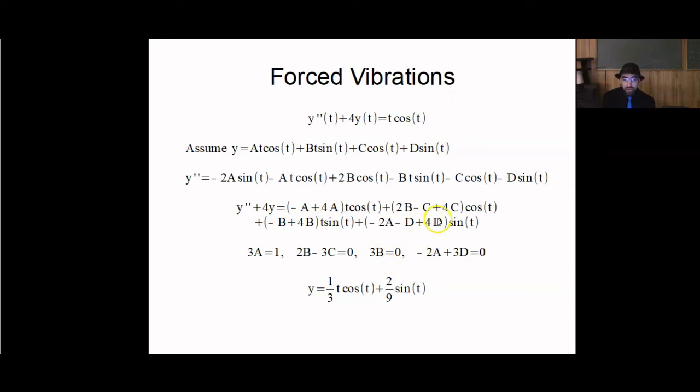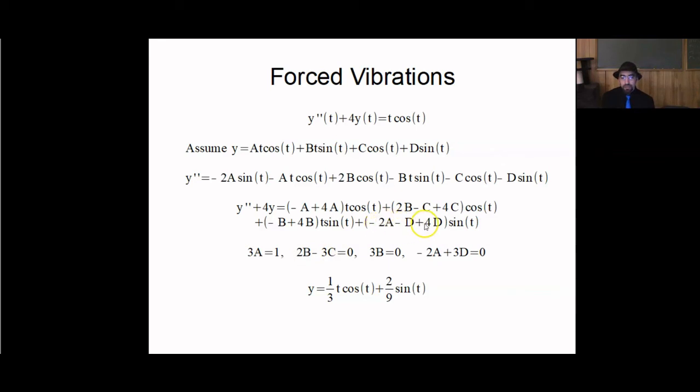I looked at the isolated cosine term, 2b plus 3c times cosine t. Well, there's no isolated cosine t. There's a t cosine t, but we already accounted for that. So 2b plus 3c equals 0. This should be a plus, but it doesn't matter, because since b is 0, c has to be 0.